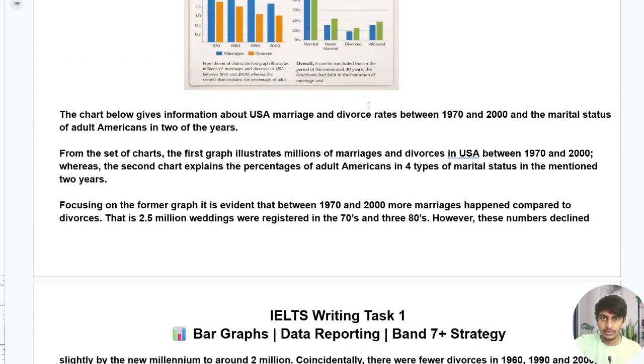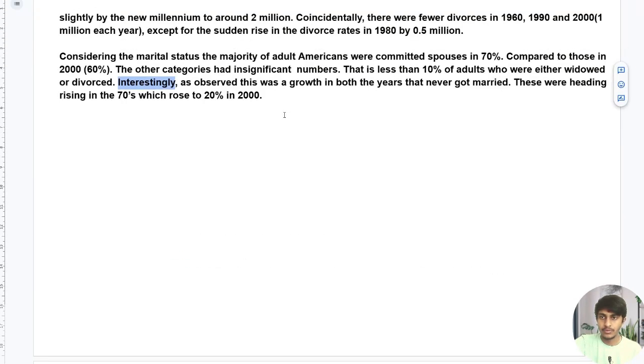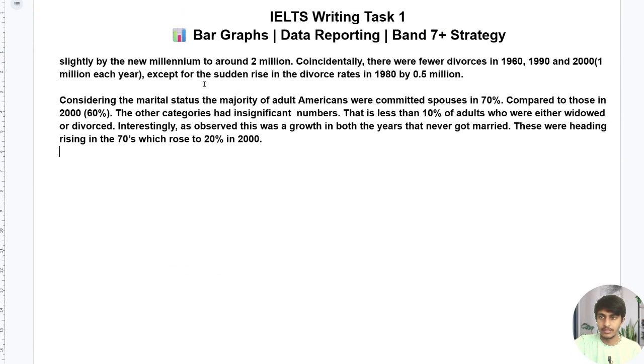So now we move to the overall, and first, like last time, considering the marital status, the majority of adult Americans were married, 70% in 1970 compared to 60% in 2000.